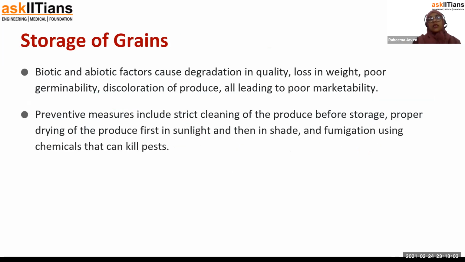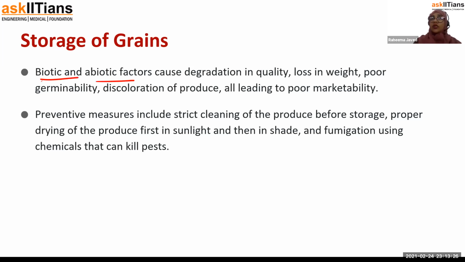Let's move on to the storage of grains, where there is again a problem: a risk of the crops going bad. When the crops are stored, there are some biotic and abiotic factors.